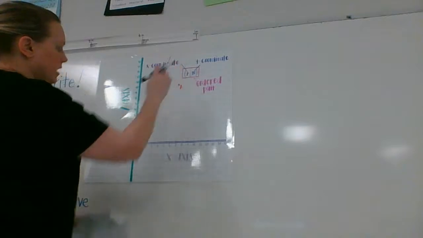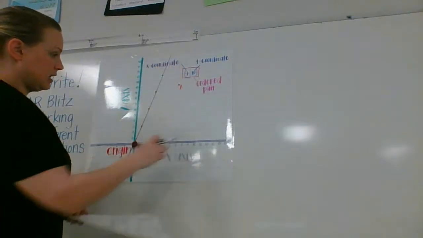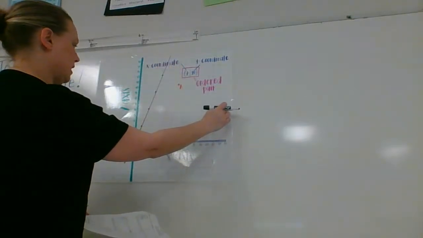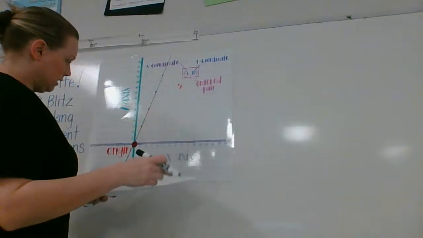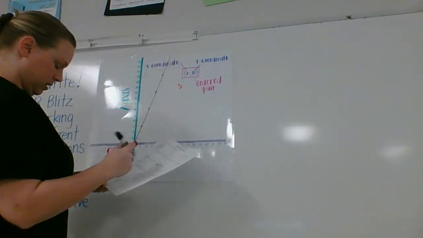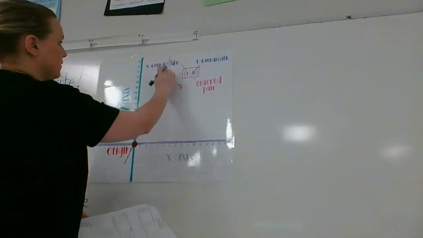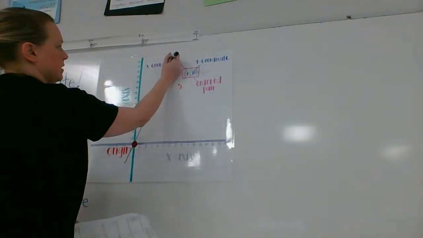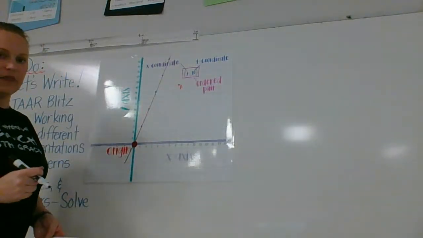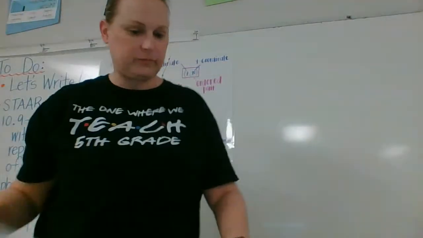Nope, no point there. 15 and 5, definitely not. So it looks like we're good. Let's just check 5 and 15. Yep, the line crosses it at that point right there.